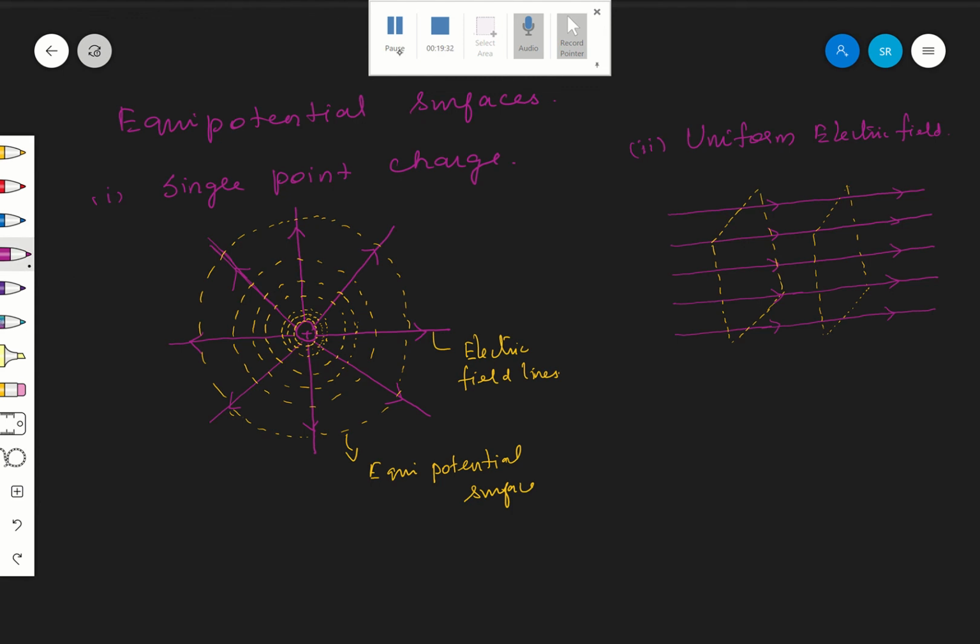Even if I want to extend a little, if I extend I can draw one more equipotential surface, I believe. Let me draw one more like that.